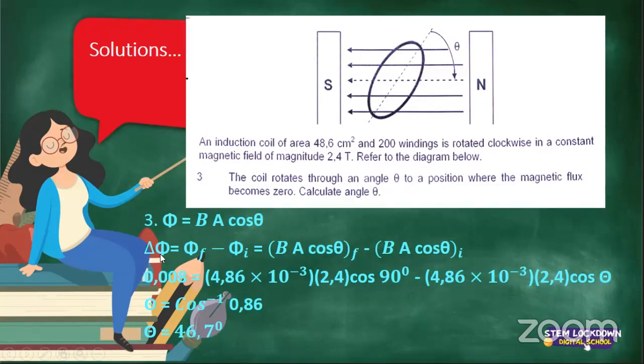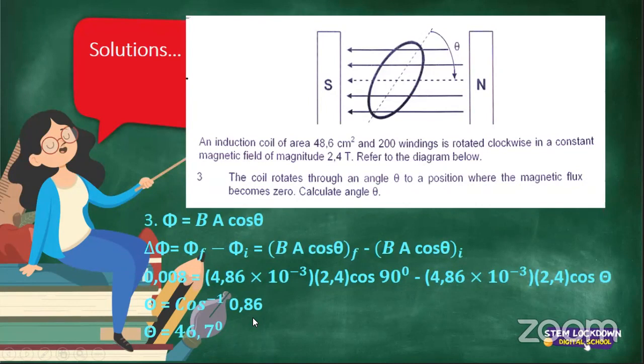So we know that the change in the magnetic flux will be equal to final magnetic flux minus initial magnetic flux. And in terms of this, it will be given by BA cos theta final minus BA cos theta initial.